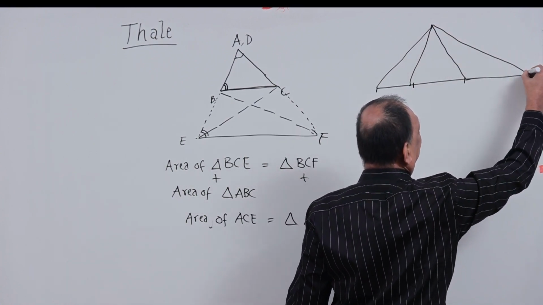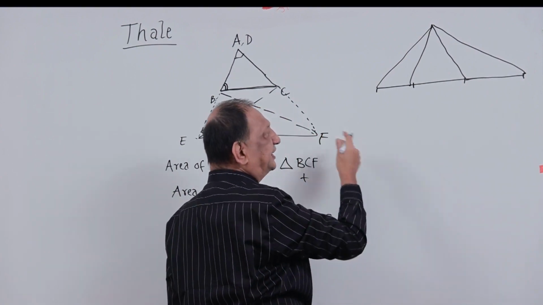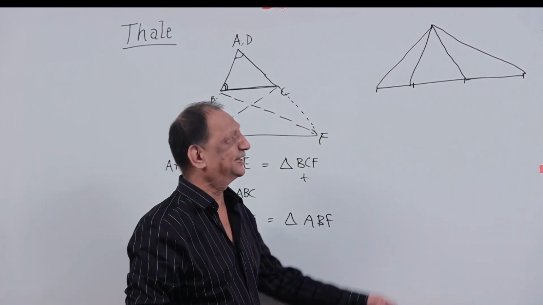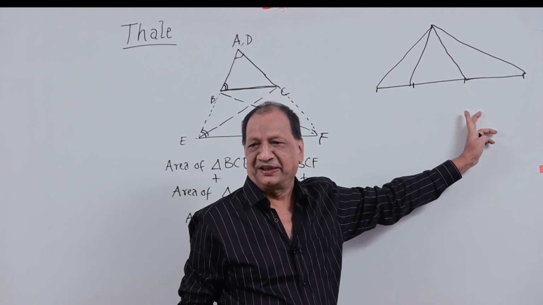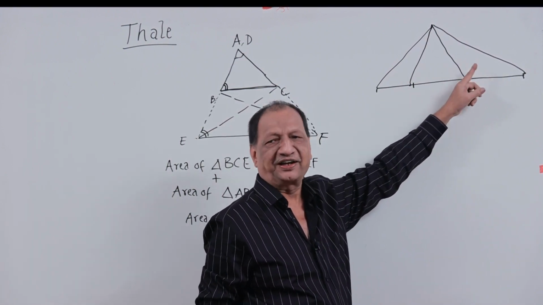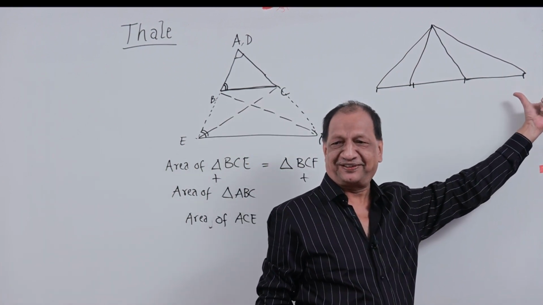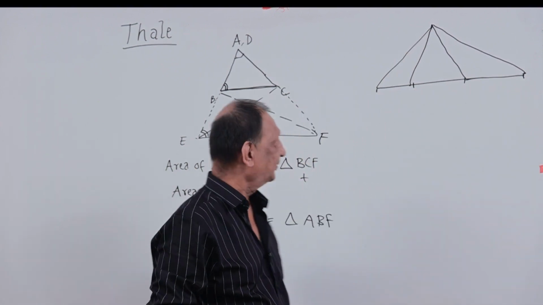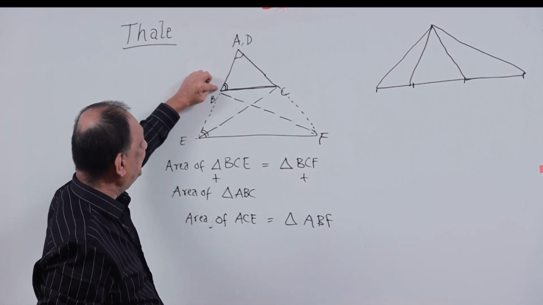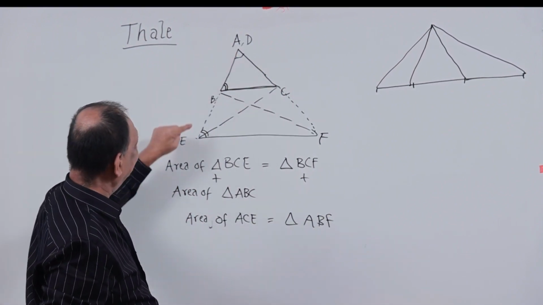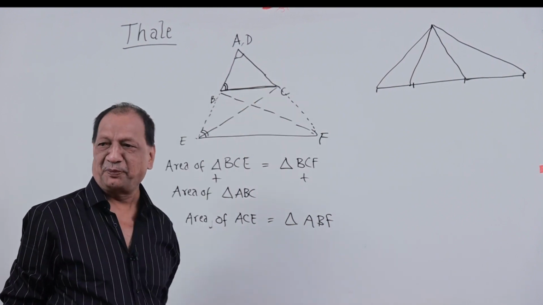Correct? Now the height of both of these triangles is the same because that is from the same vertex to the same line, horizontal distance. Height is the same. Therefore, their areas are in the ratio of the base lengths. Correct? You understand?